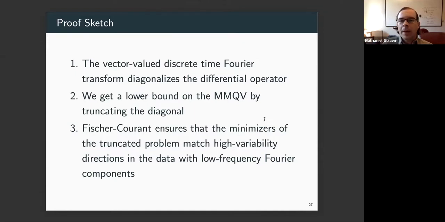You can get a lower bound on the mean quadratic variation function by truncating the diagonal after this Fourier transform, right? And then you can use Fisher-Courant to ensure that the minimizers of the truncated problem match high variability directions in the data with low frequency components.